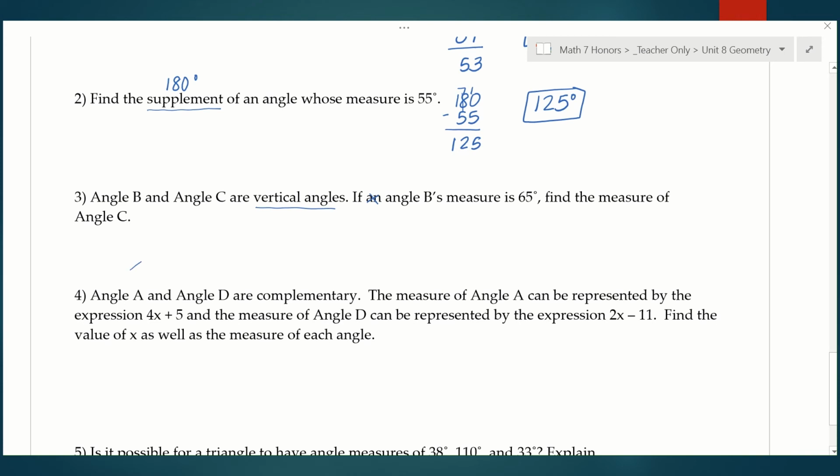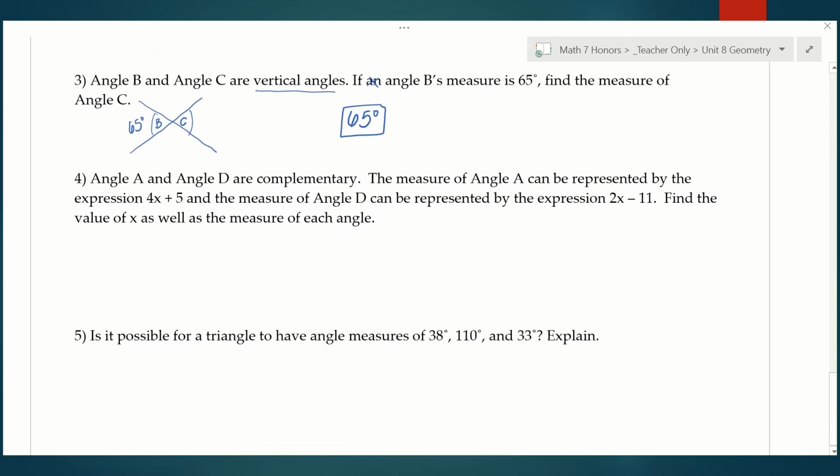So if I had to draw a picture of this, it might look something like this. Angle B and angle C. They're across from each other and they're congruent. So if I know angle B is 65 degrees, that means that angle C is exactly the same. Okay, so that's the definition of a vertical angle.